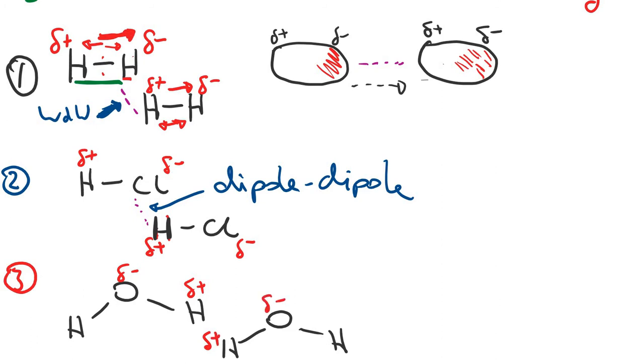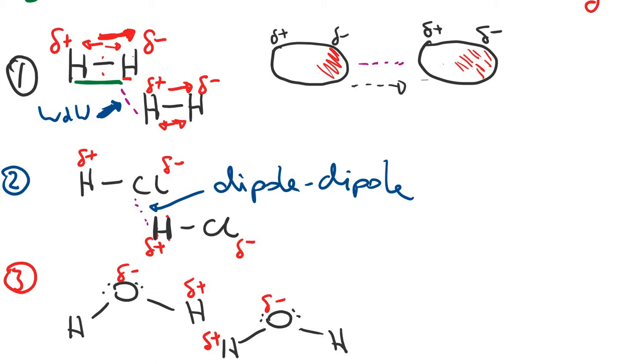Okay, I'm going to draw in the lone pair on my oxygen atom. Because with hydrogen bonding, there's a strong dipole-dipole interaction between an electron deficient hydrogen, that's a hydrogen which has its electron density removed, in one molecule, and the lone pair of electrons on a highly electronegative atom in a different molecule.